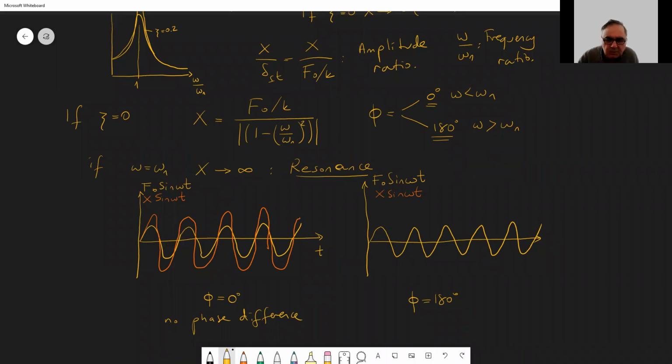The response is going to be completely out of phase, exactly the opposite of the forcing. That is, if the force goes up, the response goes down, for example, or if the force is towards the left, the response is towards the right. That is what we call out of phase.